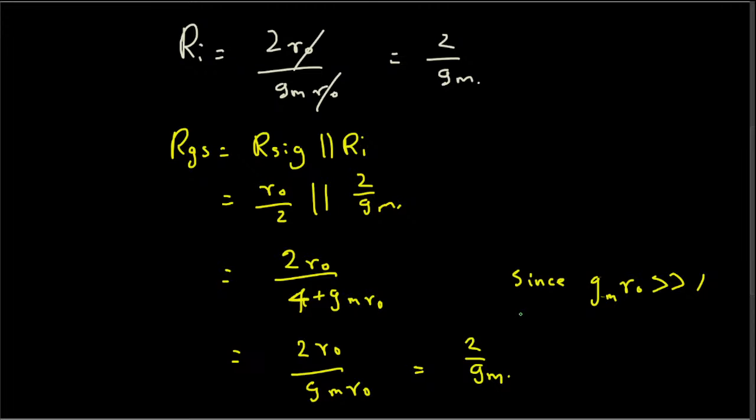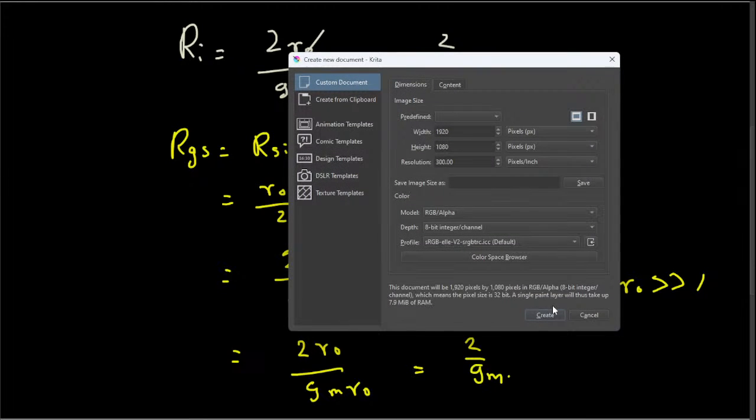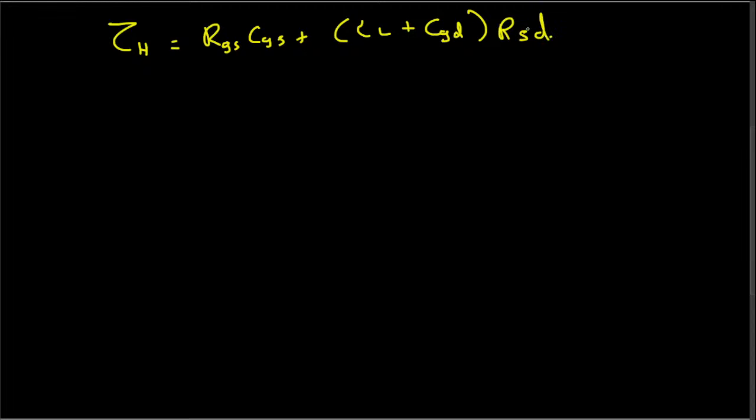Now here we are going to find everything using the time constant method. So we have to know the time constant equation. The time constant equation is this: tau H, which is RGS times CGS, plus the load capacitance CL plus CGD, the gate to drain capacitance, times the RST, source to drain resistance.